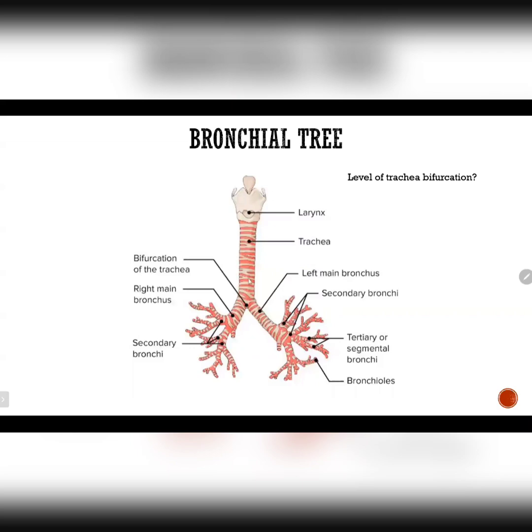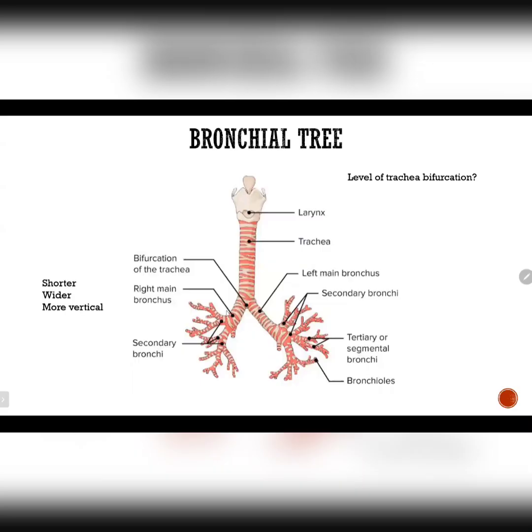Now let's look at the division of the trachea. At the level of sternal angle, the trachea divides into right and left main bronchi. Now this right bronchus is shorter, wider, and more vertical than the left bronchus.